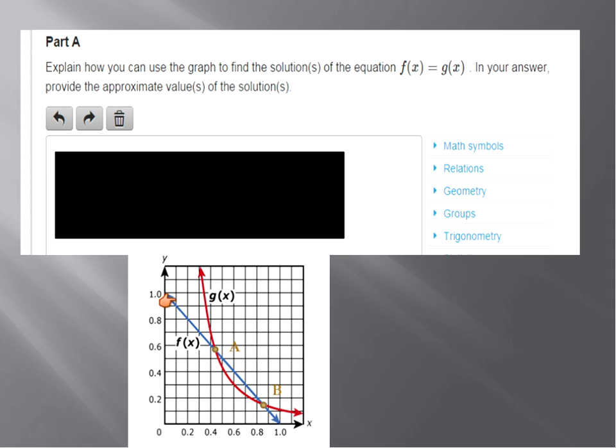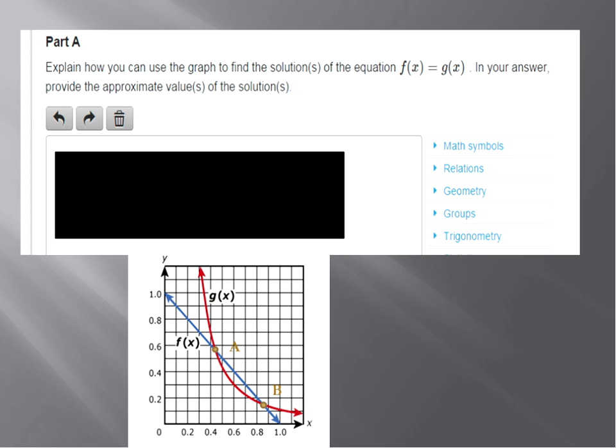So if you look at both of these graphs of these functions, at what 2 points do they both share a point? So you can see that f of x and g of x both share this point A and point B. We call this their intersection point.